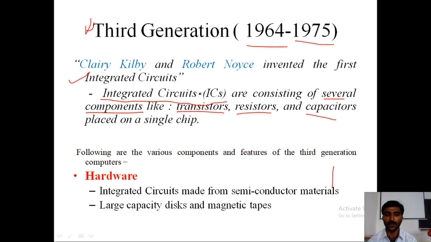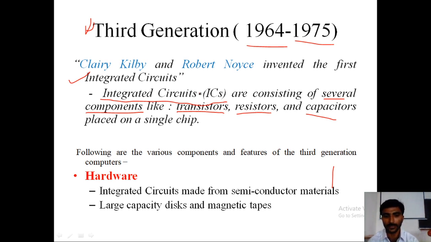So what hardware components were used compared to the first and second generations? In the first generation they used vacuum tubes, in the second generation transistors, and in the third generation integrated circuits. It is made from semiconductor materials, and it creates large capacity disks and magnetic tapes.